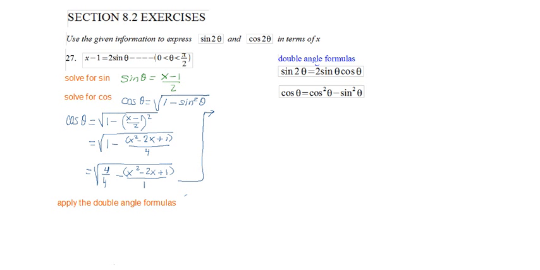And so I add the numerators, because I have a common denominator. So I have 4 minus x squared plus 2x minus 1, and I divide that by 4.